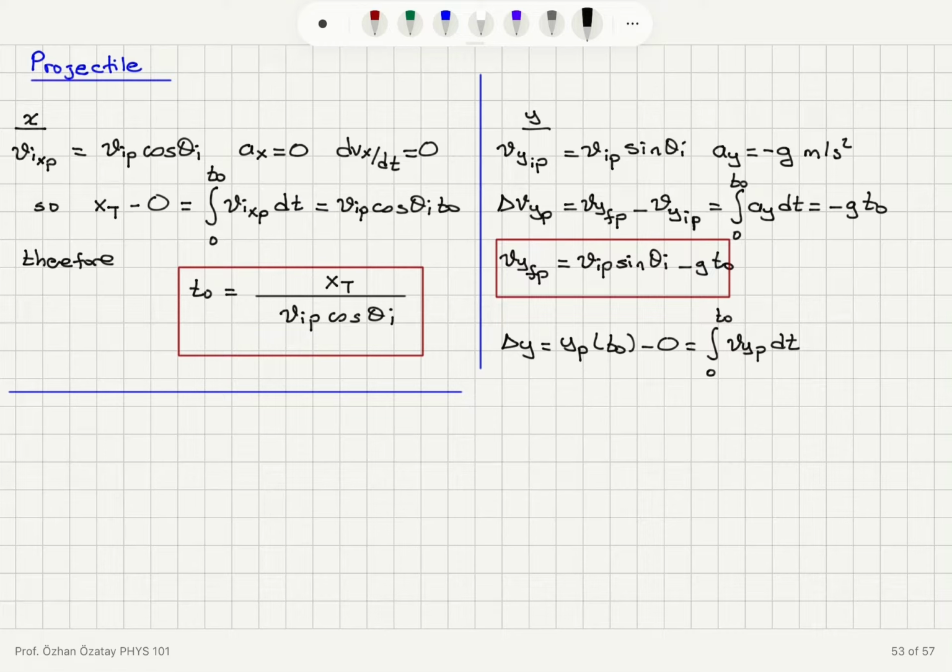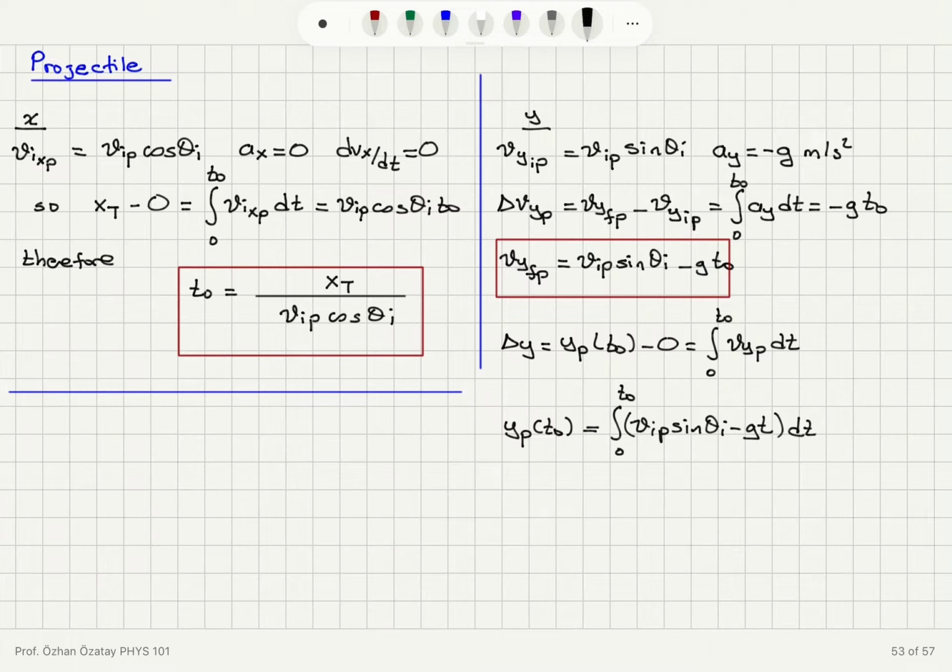Now I can work on this: y_p at t0 is the integral from 0 to t0 of v_ip sine theta initial minus g t dt.